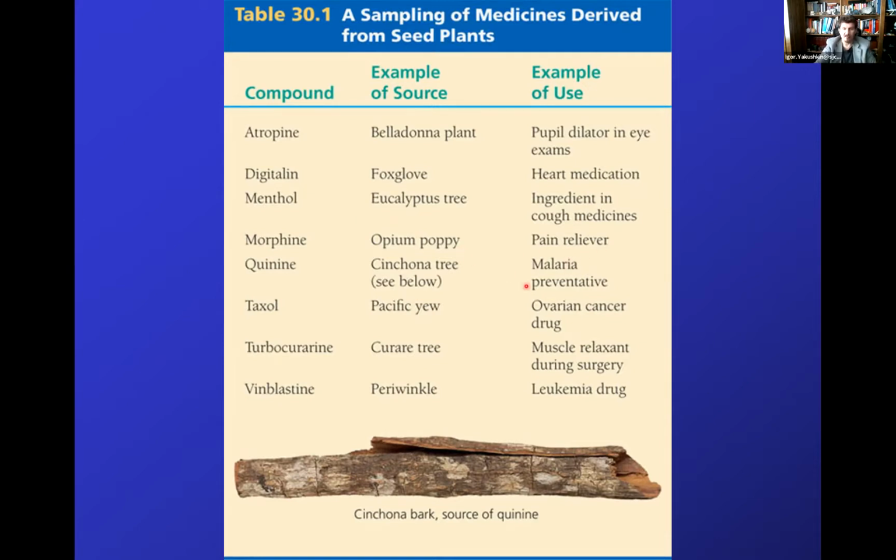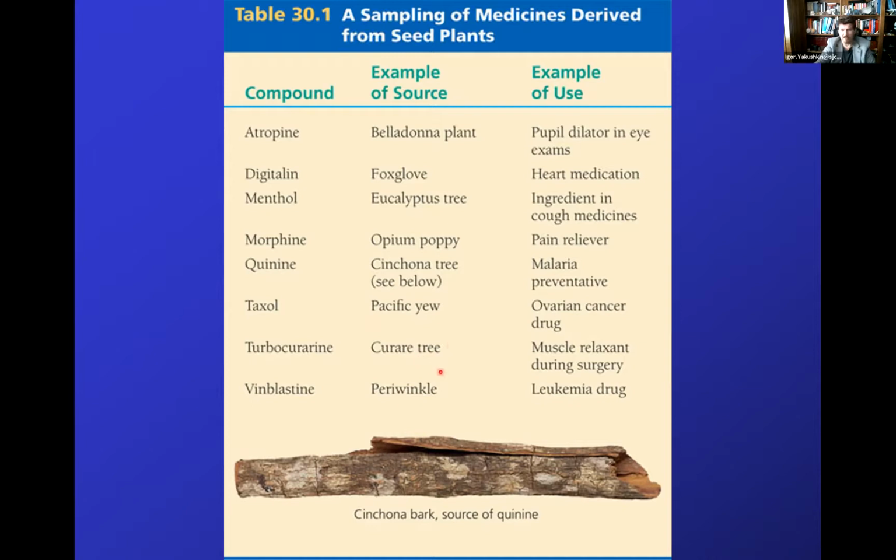Then the malaria preventive, very important. Remember that malaria is the number one disease killing humans, caused by the protists. And then ovarian cancer drugs or cancer drugs, which we were trying to find, and some of the plants have them.